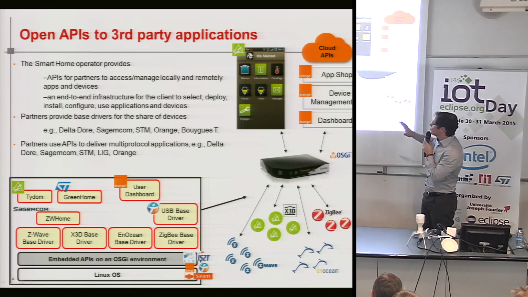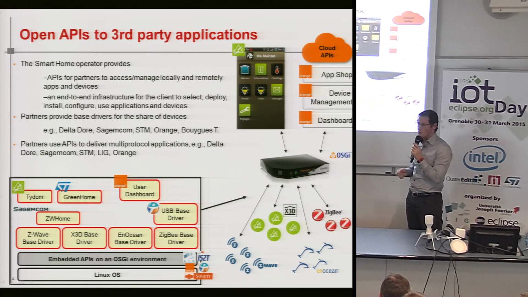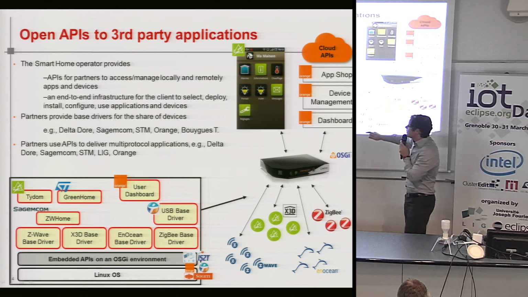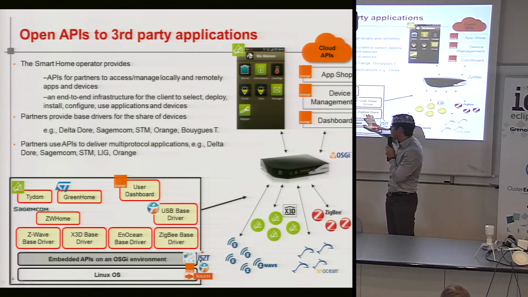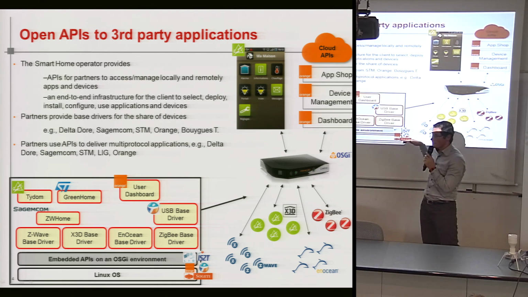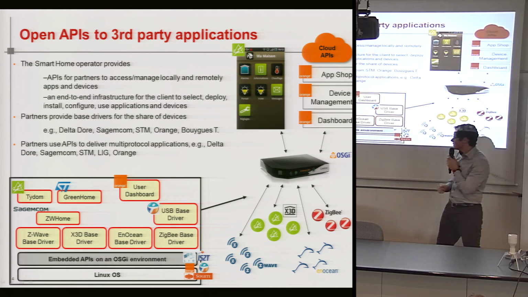So just to finish with the collaborative project, and then afterwards I will show what is the contribution of Orange and what we continue today. So on the demonstration we have several base drivers that represent the devices that are available in the home as service, as objects in Java and OSGI technology.